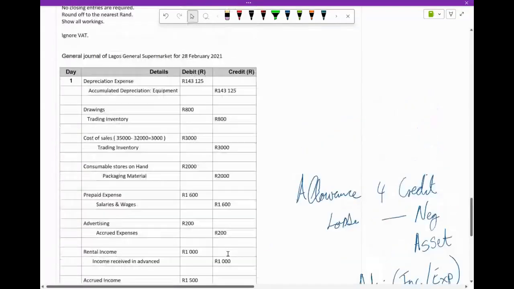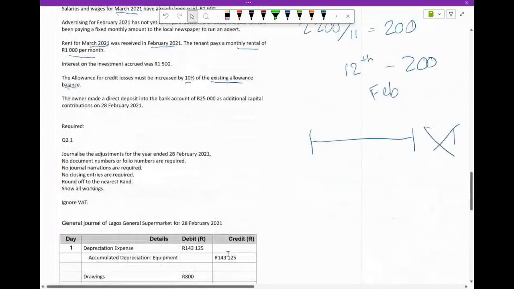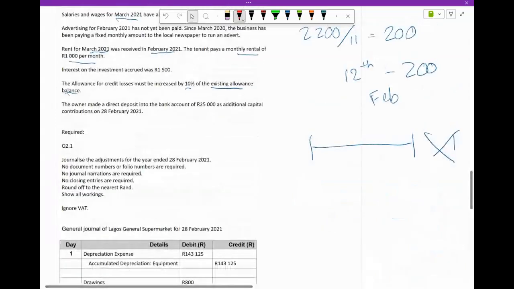Okay. Right. Last one, I think. Yes, last one. The owner made a direct deposit in the bank account of 25,000 as additional capital contributions on 28 February.